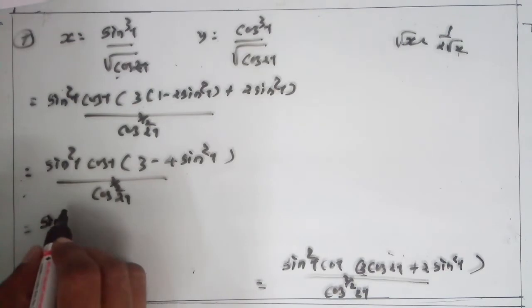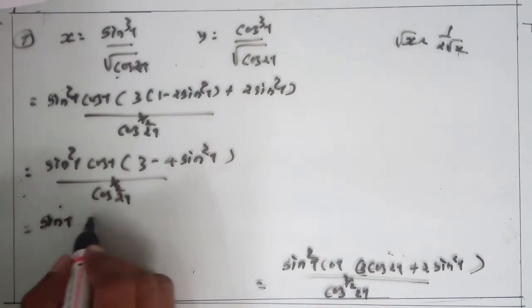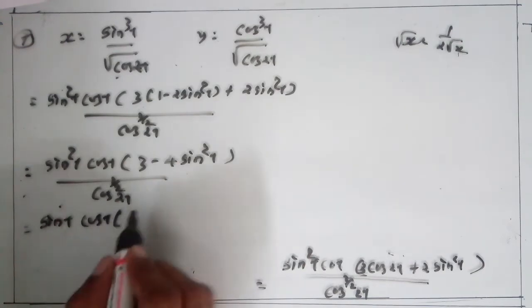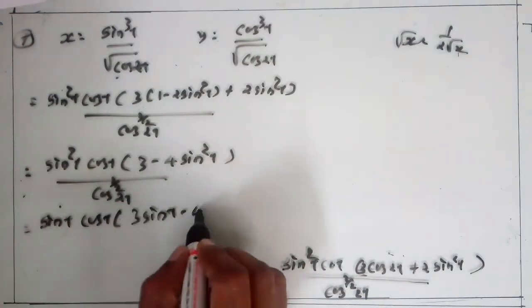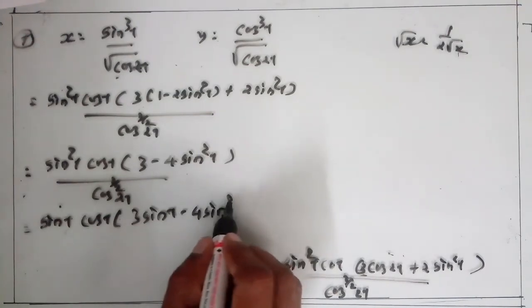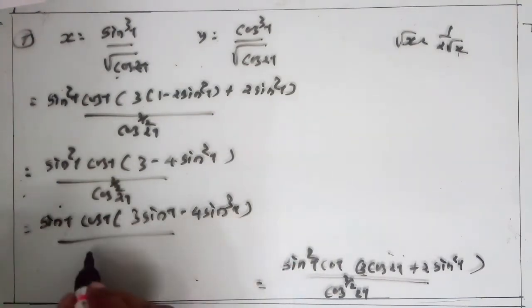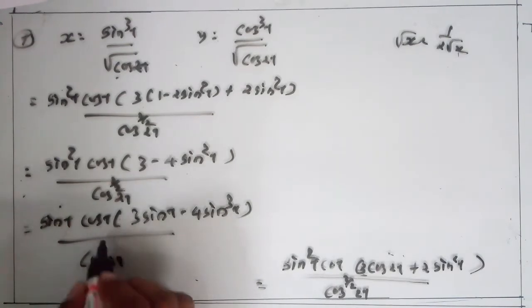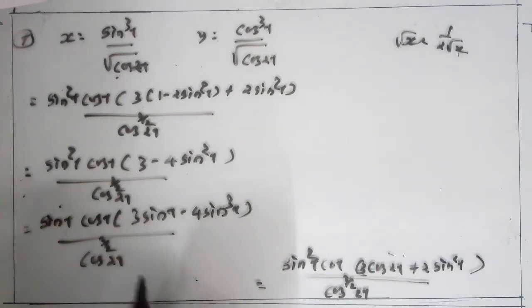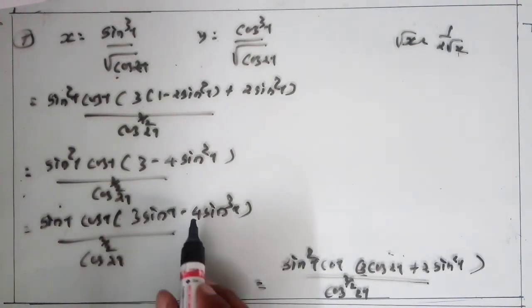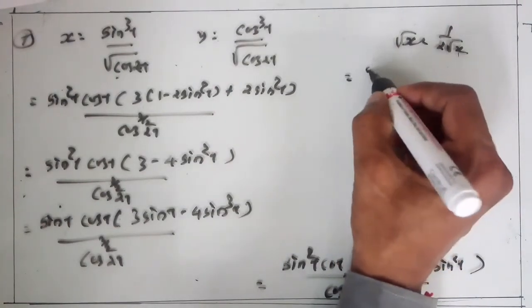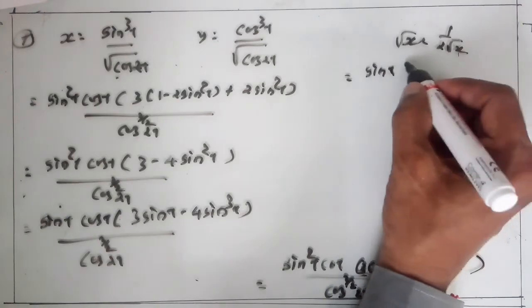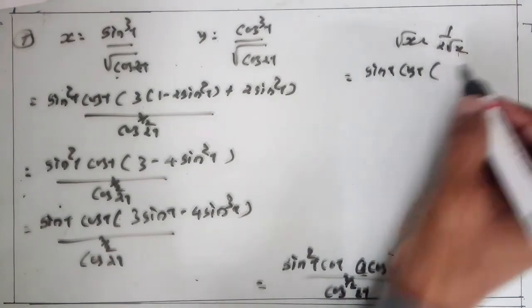So sin t cos t, here 3 sin t minus 4 sin cube t, clear this, upon cos 2t raised to 3 by 2.